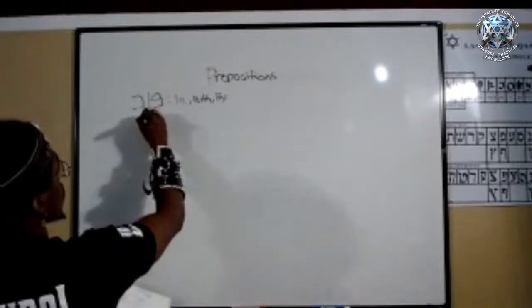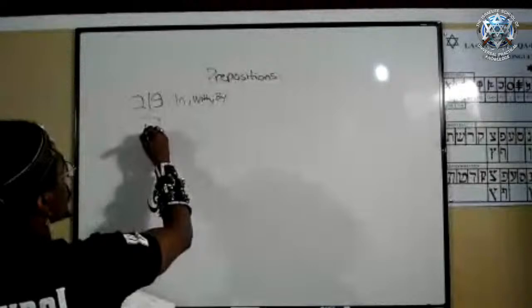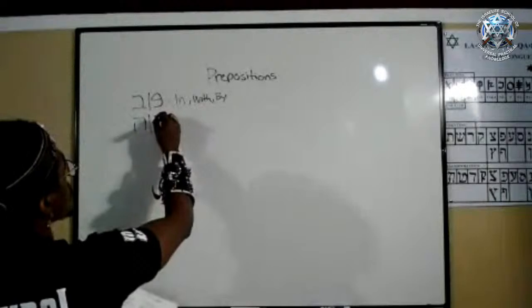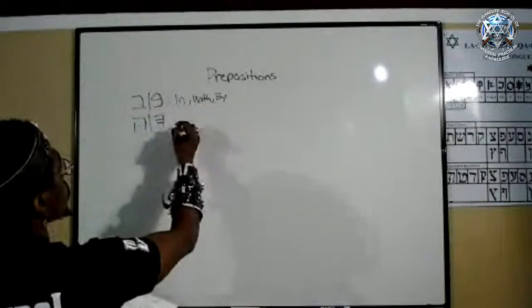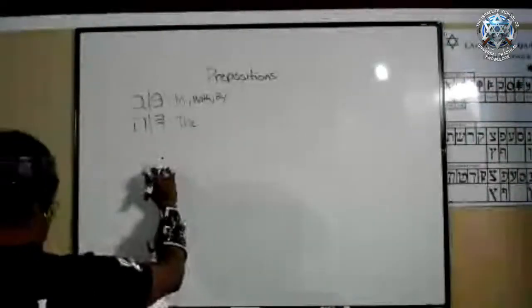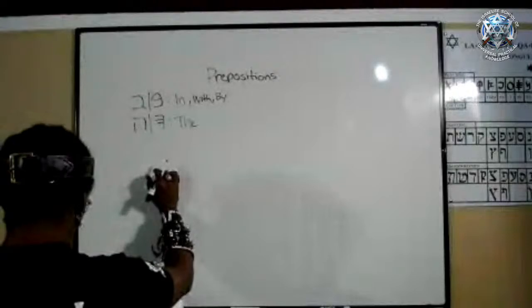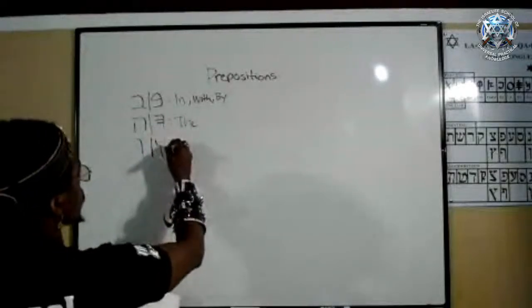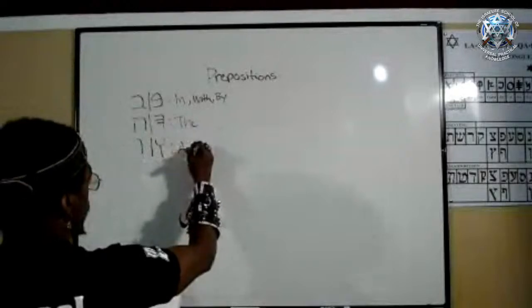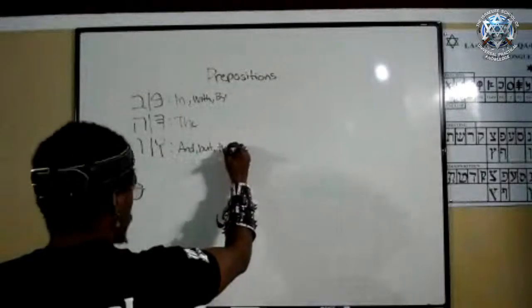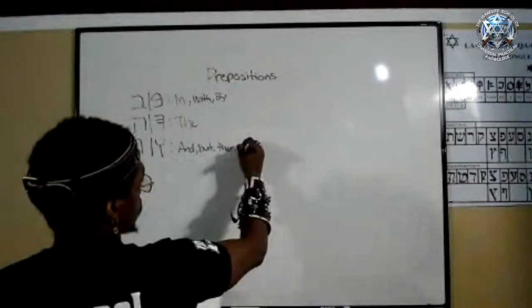You have ha, which means the. Then you have wa, which means and, but, then, or.